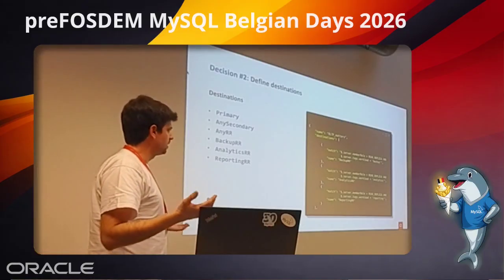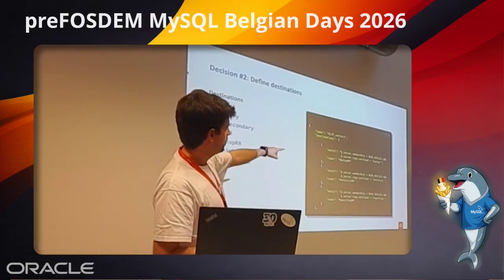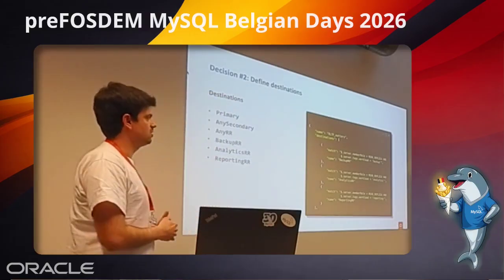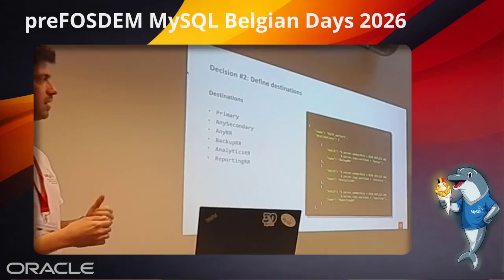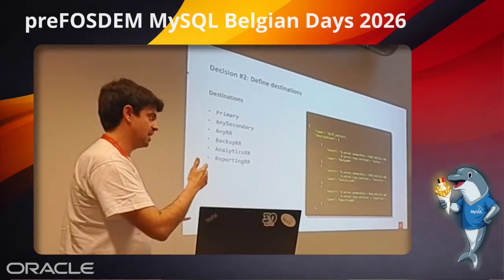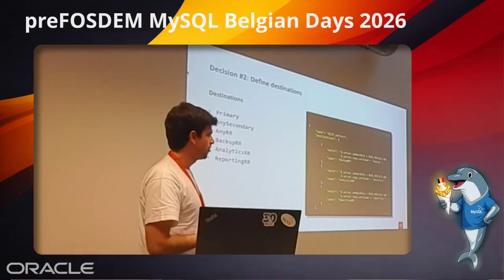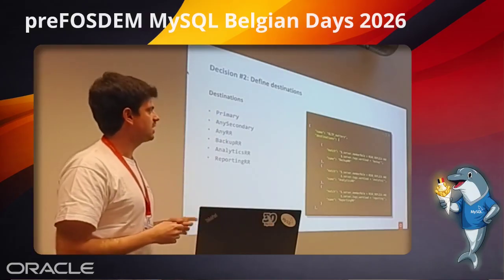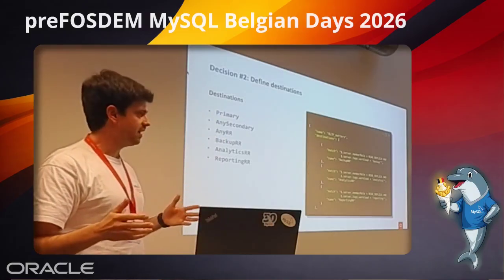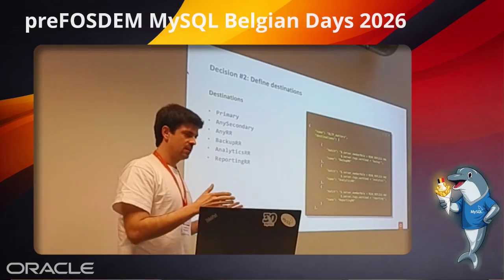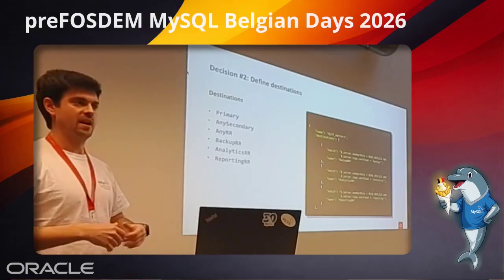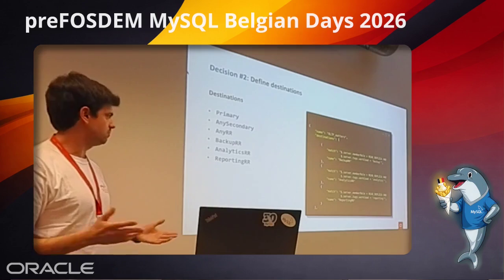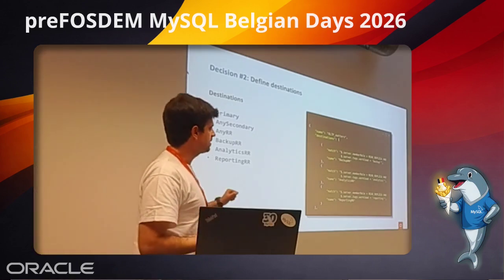attribute, a different variable. The first one, backup RR, is the read replicas for backup. I'm saying that member role is a read replica, and I'm joining that with something called a tag. Tags are key-value pairs of anything. You can define them as you wish, just strings.